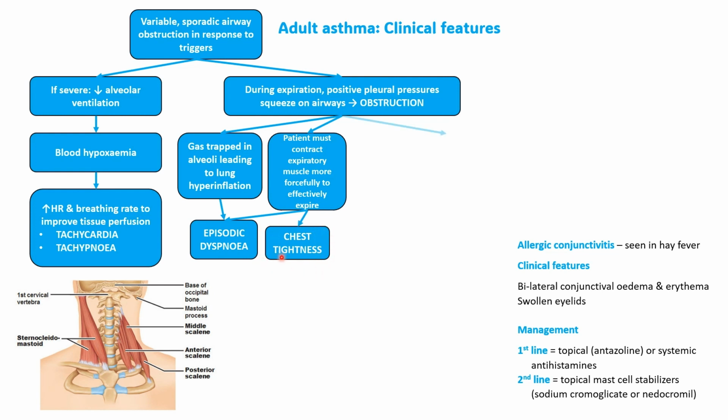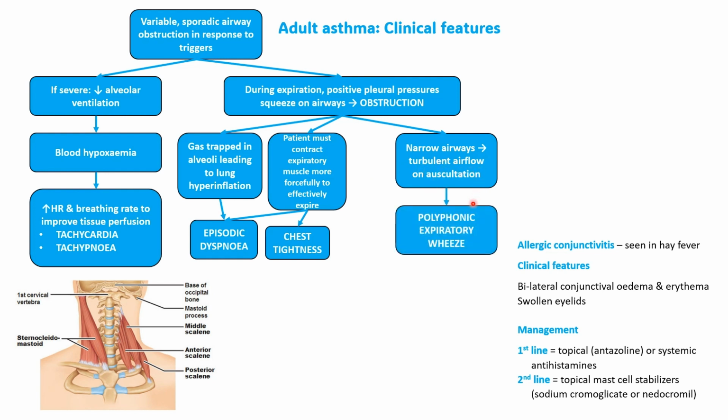So we have narrow airways. Okay, so we're going to have turbulent airflow on auscultation. And when we have asthma, the patients don't necessarily always have a wheeze, because asthma attacks in particular are paroxysmal, so they might be short and severe, or short and mild.